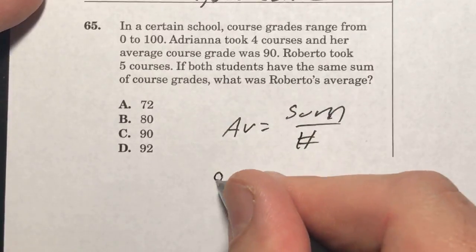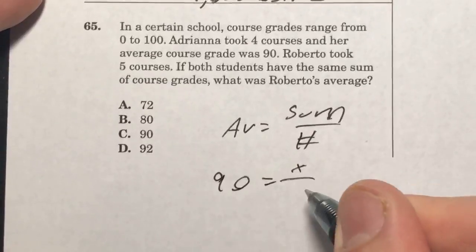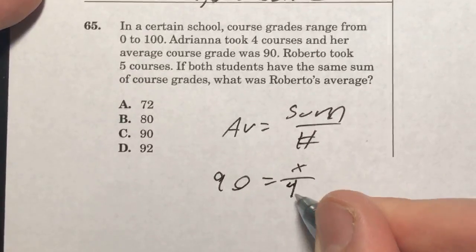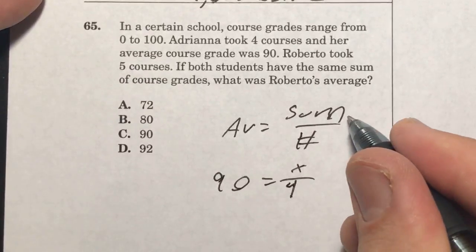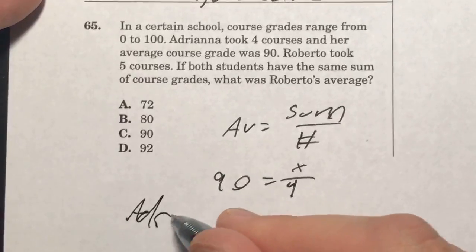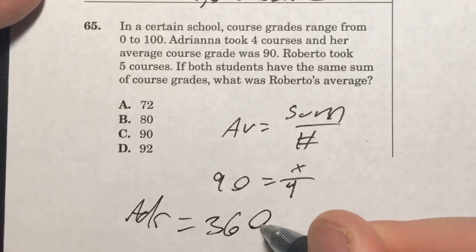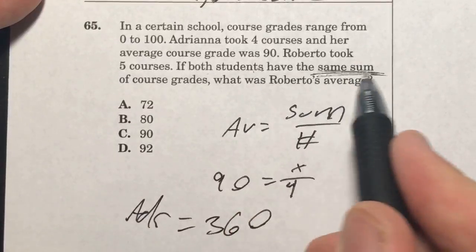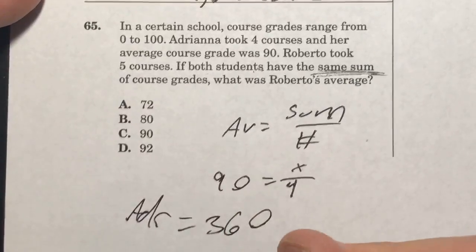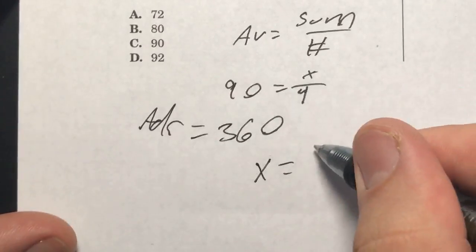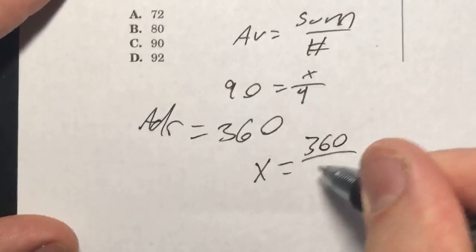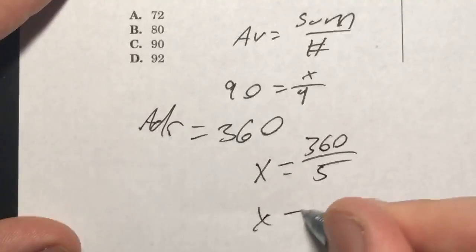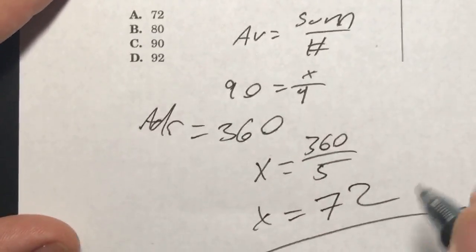We're given an average of 90, we don't know the sum, and the total number was 4 courses. So that means that Andriana's sum equals 360. So Roberto took 5 courses but has the same sum. So we don't know his average, but he also has the 360 divided by 5, x equals 72. You guys are too good, man.